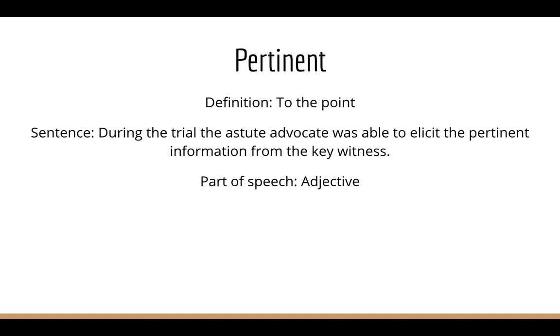So during the trial, the shrewd, keen advocate, or the lawyer, was able to elicit, draw forth, the pertinent, meaning to the point, information from the key witness. It makes sense now. So it's basically the lawyer taking the information from the key witness, and that's to the point, not useless information. Part of speech is an adjective.